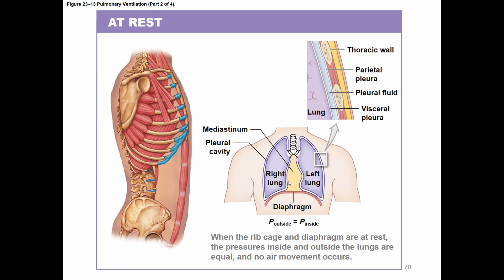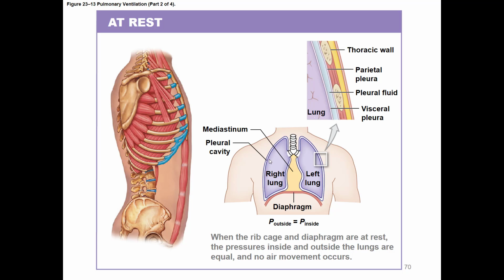The pressure inside the chest is known as the intrapulmonary or alveolar pressure. This is the pressure in the lung at the alveoli. So when we're talking about pressure in the chest, that's what we mean, the intrapulmonary pressure, the pressure in the lung at the alveoli.